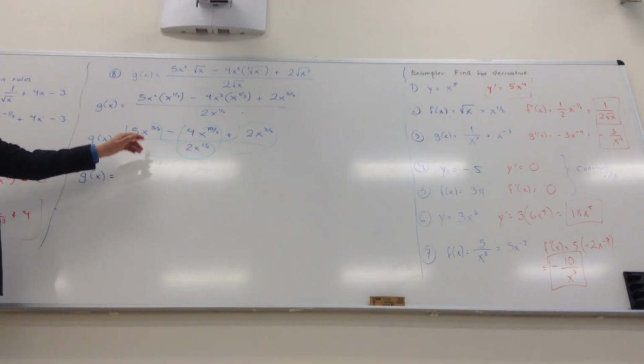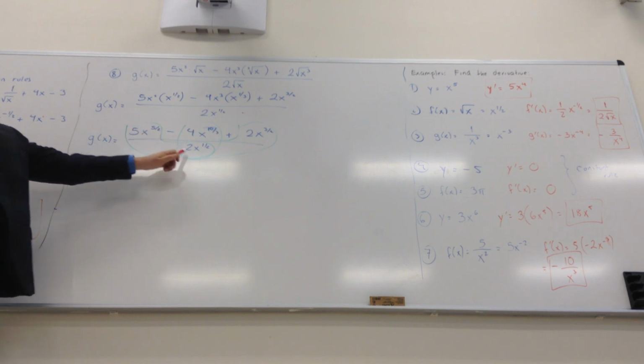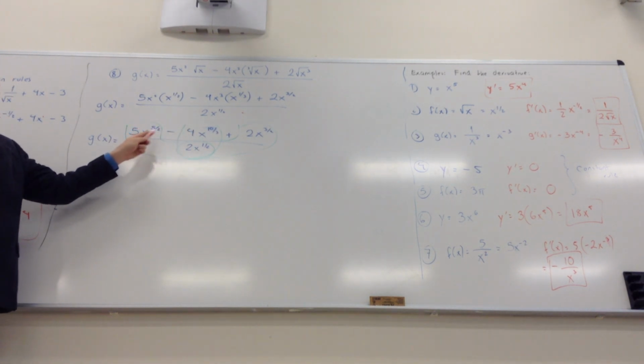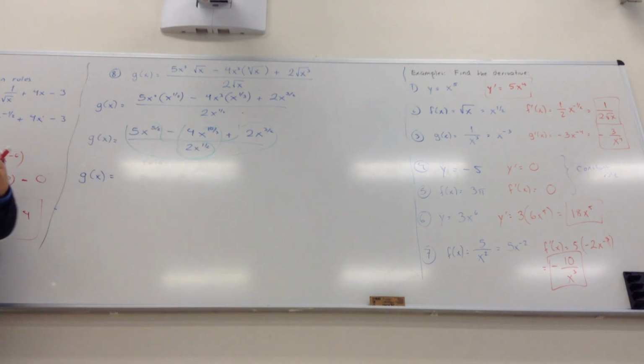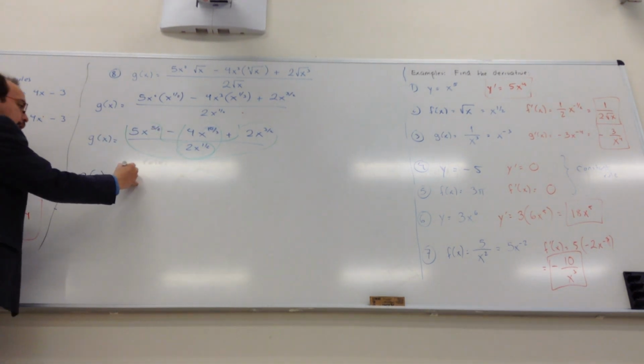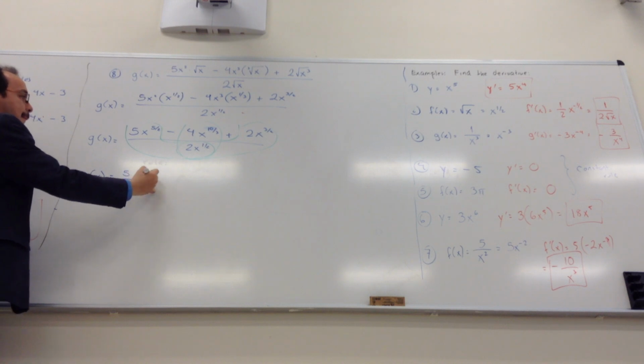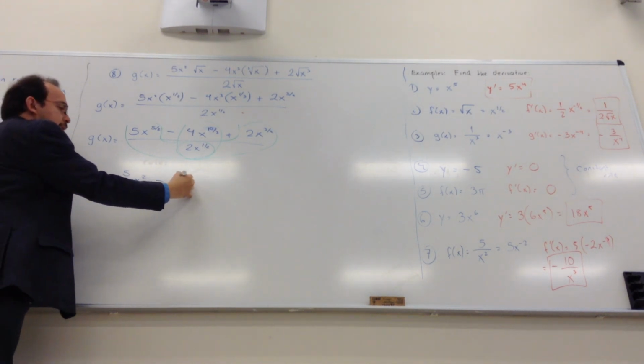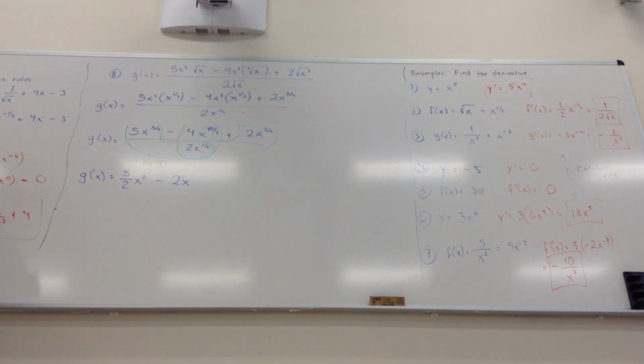Okay. When you have one monomial, you need to divide each one of them by that. So if I divide this by this, I subtract the exponents. So now you have 5/2 x to the 2 minus 2 x to the 10/3 minus 1/2.